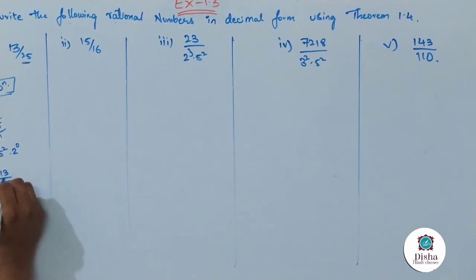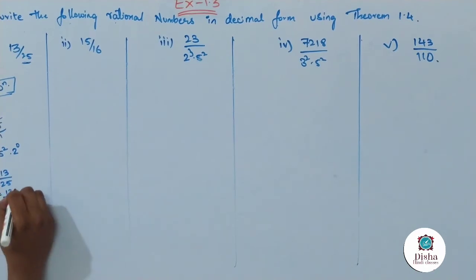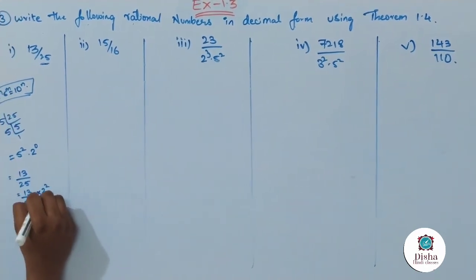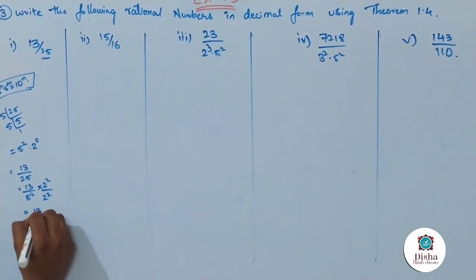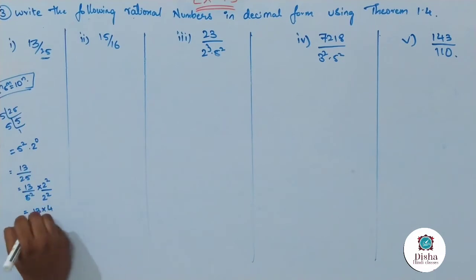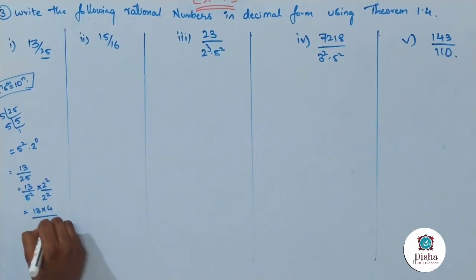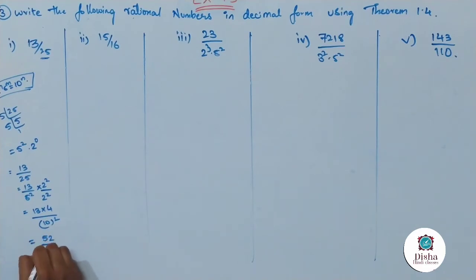We can write it as 13 by 5 square and we multiply 2 square on numerator and denominator. So what we get, 13 into 4 by 10 square. So 13 into 4 will be 52 by 100. So this will be the answer for 13 by 25.